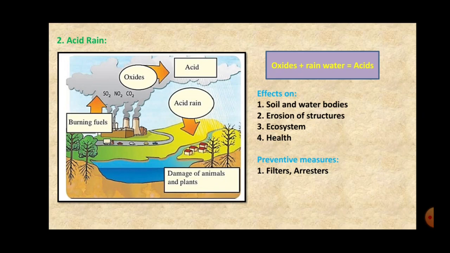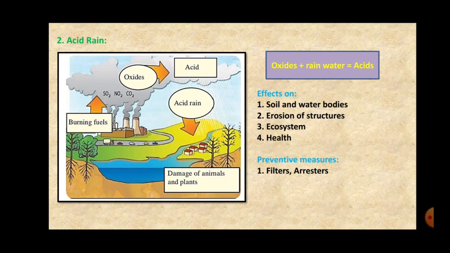Now, what are the preventive measures? How can we prevent the adverse effects of acid rain? The first thing is we can use filters or arresters. When the smoke is given out from the factories, it has many harmful particles.